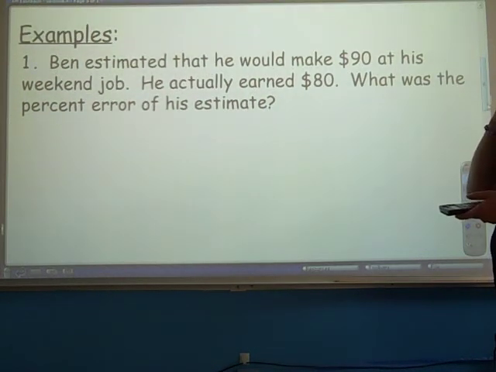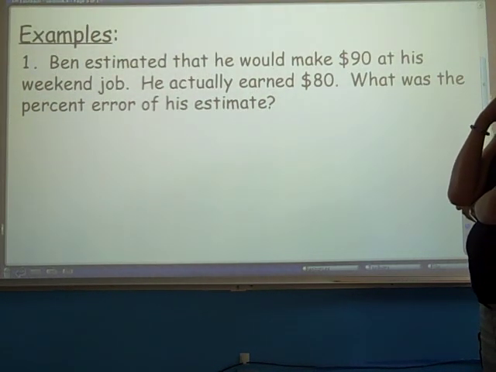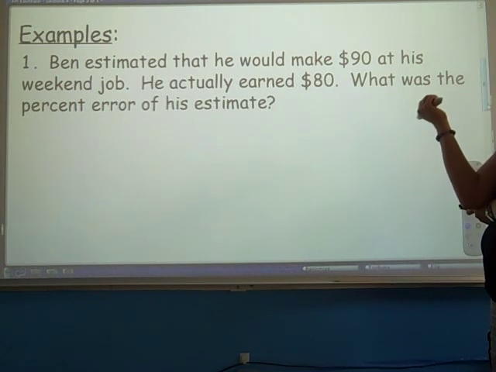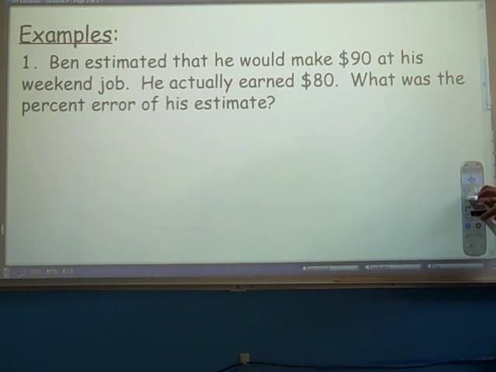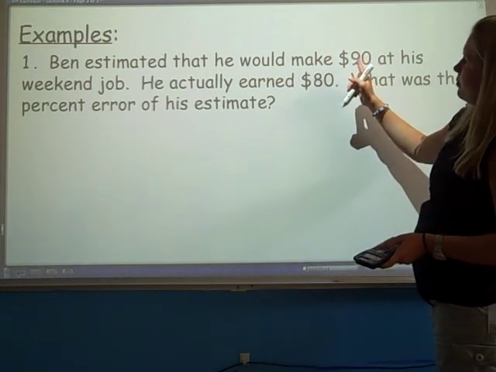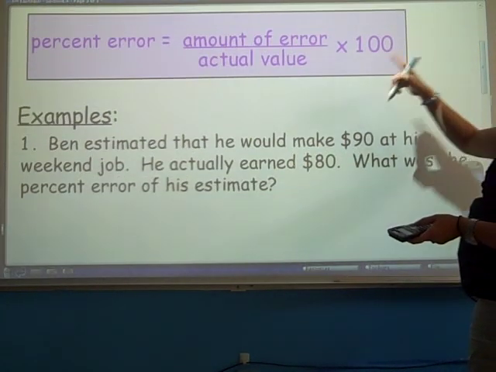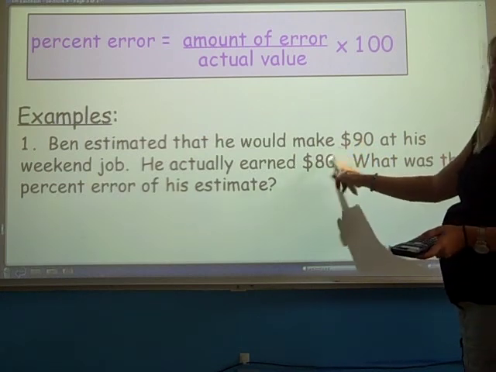Okay, so Ben estimated that he would make $90 at his weekend job. He actually earned $80. What was the percent error of his estimate? Okay, so we have to find, it says the difference between the two. He estimated, because it says the amount of error, he was off by $10 here.